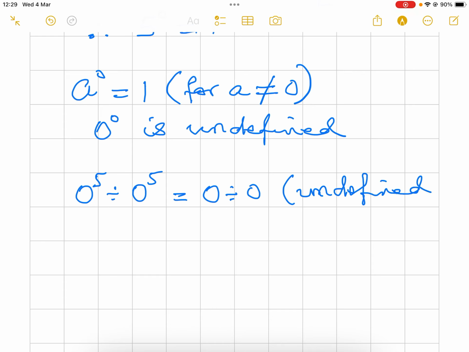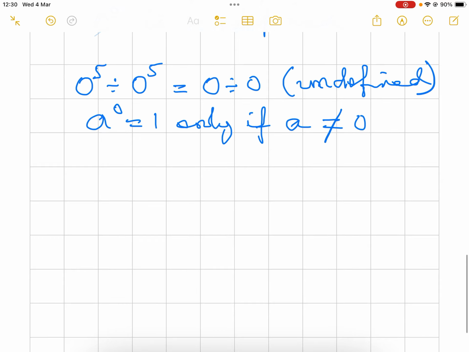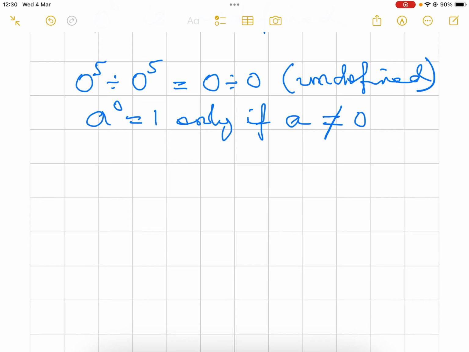So always remember that A raised to power 0 is equal to 1 only if A is not equal to 0. This precision makes you exam ready. Take note of this precision.